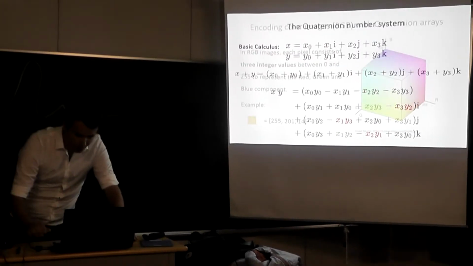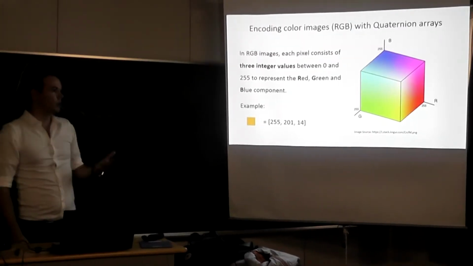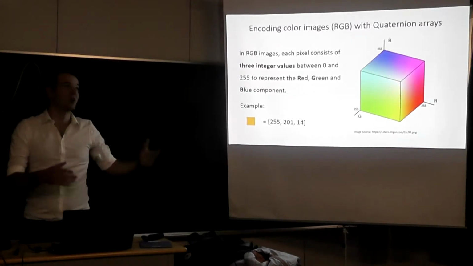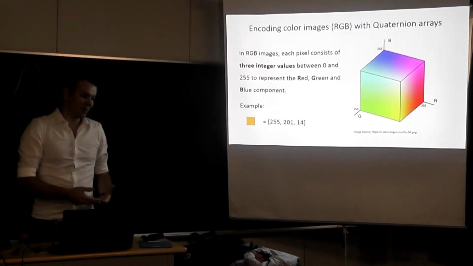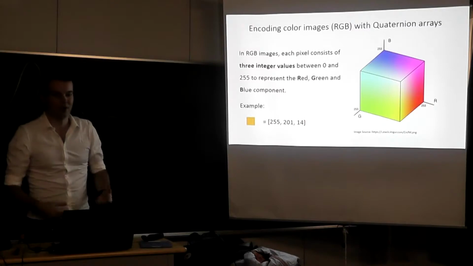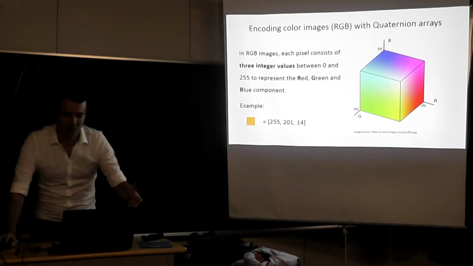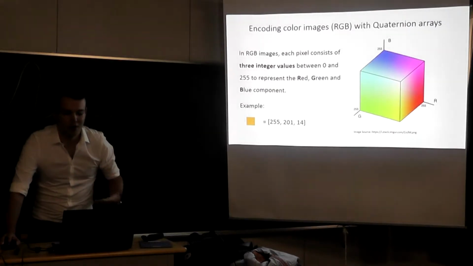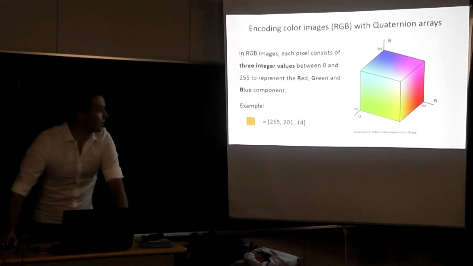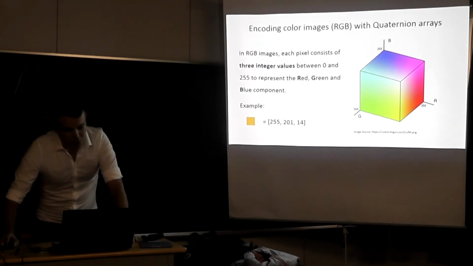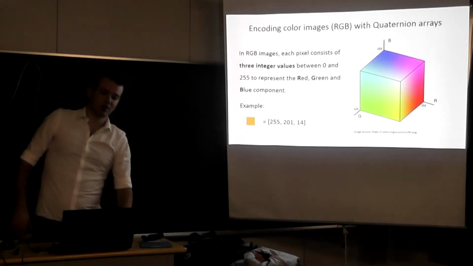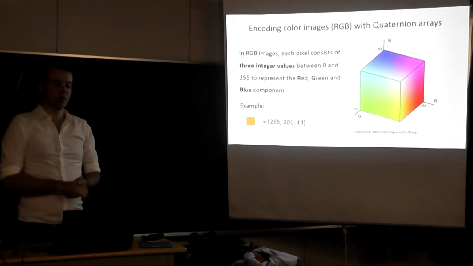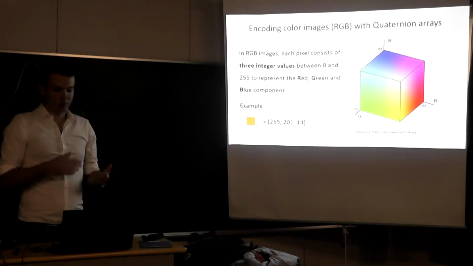Okay, so how can we use these numbers? They have more aspects, of course, but I don't want to show all the mathematical aspects of the quaternions and go to the question of how we can use them for image processing. We can encode color images, which are first encoded in RGB, with quaternion arrays.